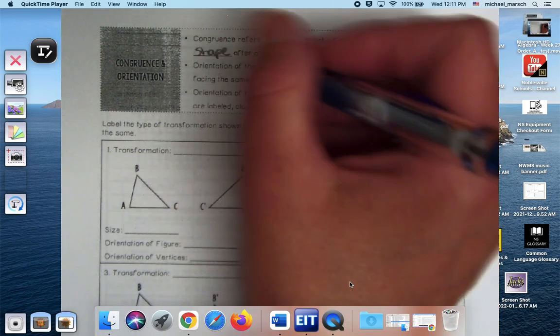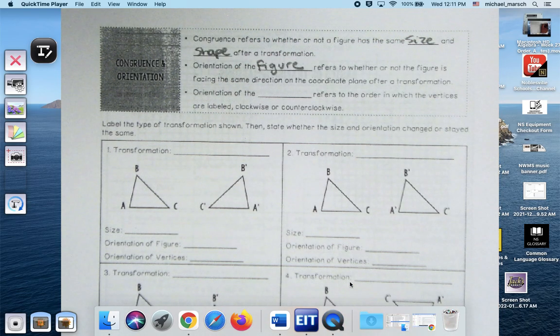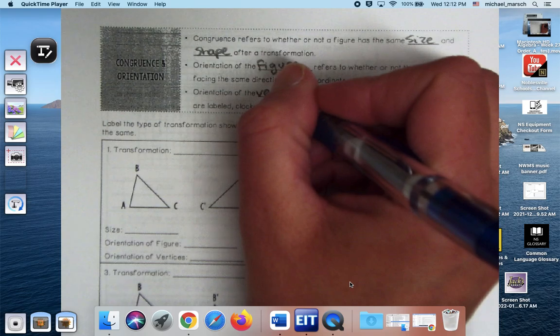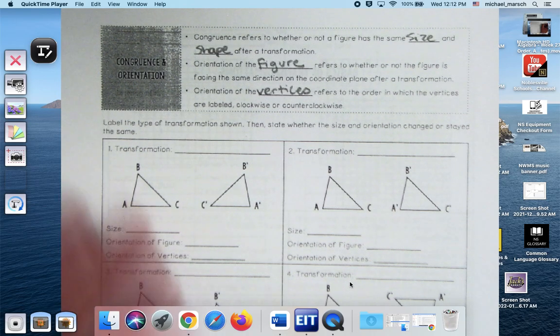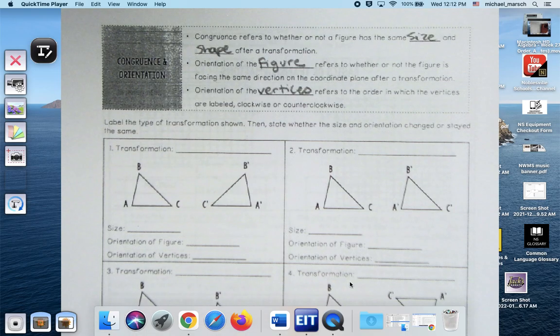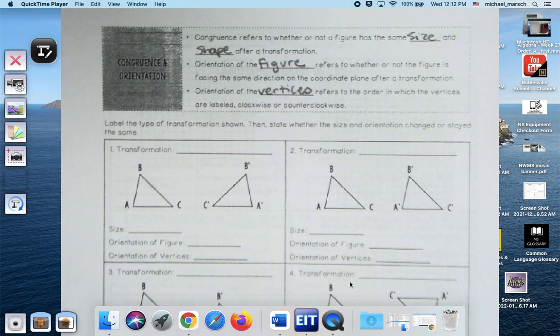Orientation of the figure refers to whether or not the figure is facing the same direction on the coordinate plane after transformation. Orientation of the vertices refers to the order in which the vertices are labeled, clockwise or counterclockwise. So we're going to look at each of the transformations and decide, are they same or different when talking about the size, orientation of figure, or orientation of vertices.